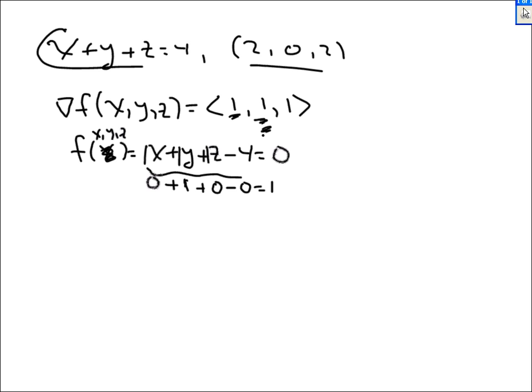So we have the gradient, okay? But we want the gradient at our point. We want the gradient not at just any x, y, z, but at 2, 0, 2.